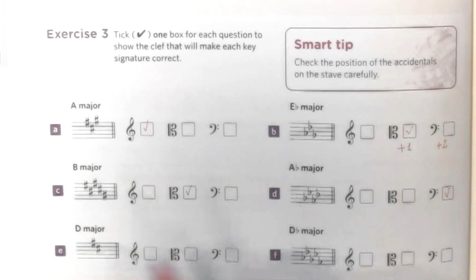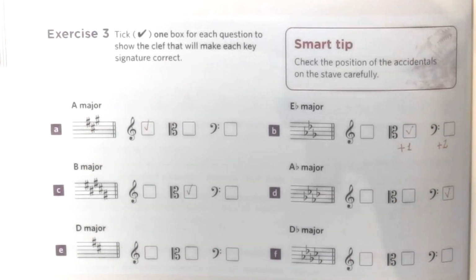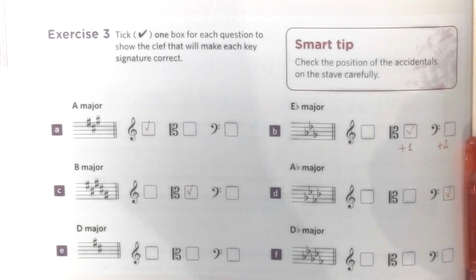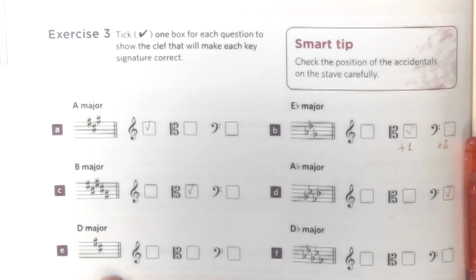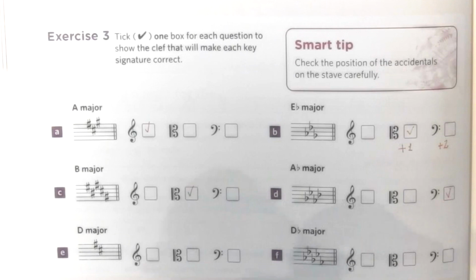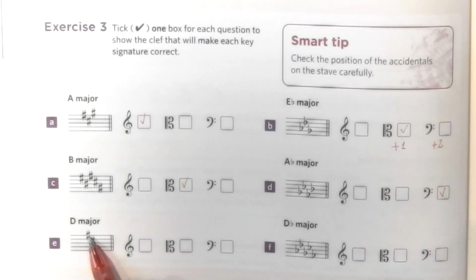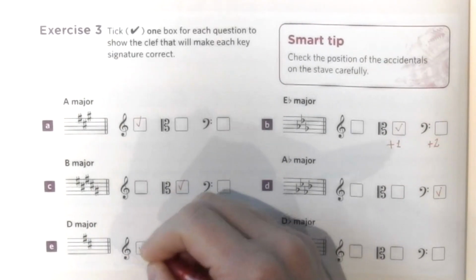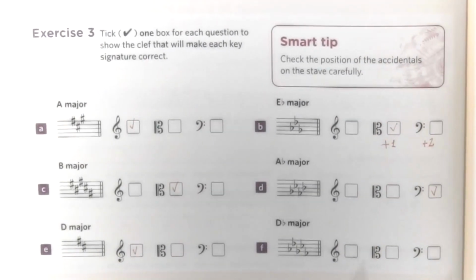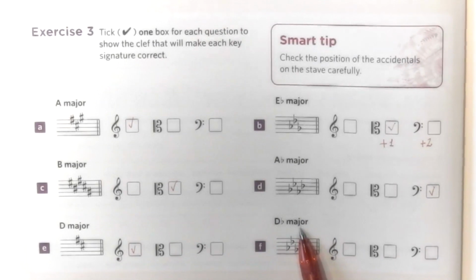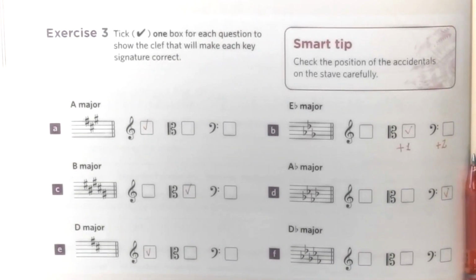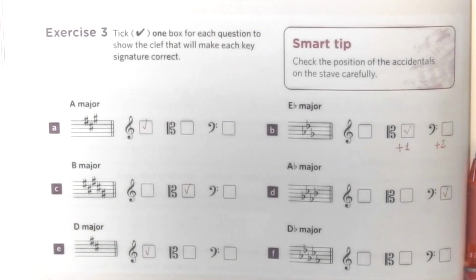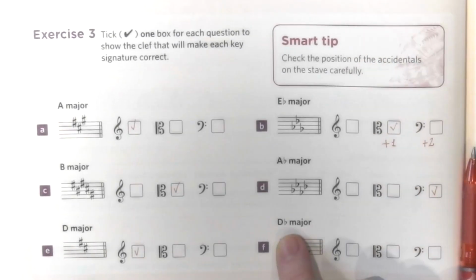D major. D, 1 semitone below, is C sharp, Do sharp, Fa, Do. 2 sharps. Fa is on the right position, let's call it that way. So treble clef, easy peasy. D flat major. Oh my God, this is complicated. No, it isn't. It's as the other ones. D flat is the penultimate flat in the key signature.